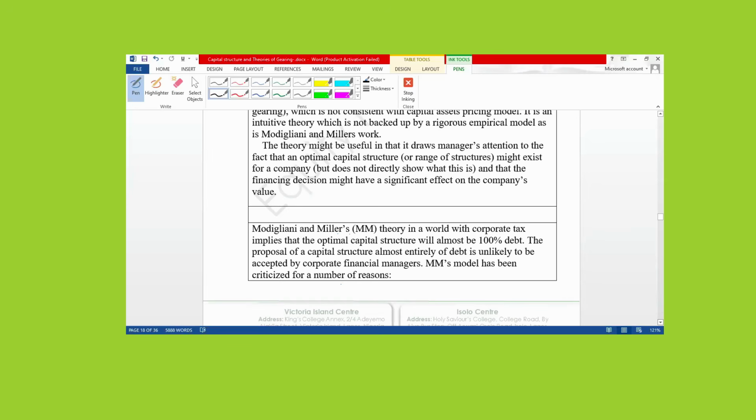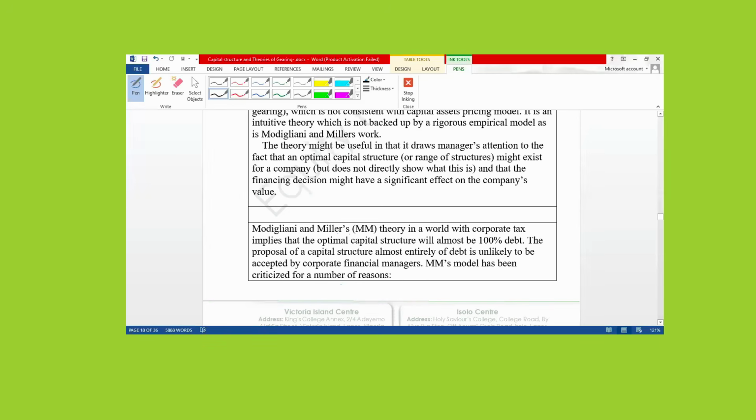Modigliani and Miller theory, in a world with corporate tax, that is where there's corporate taxation, implies that the optimal capital structure will almost be 100% debt. We explain this.